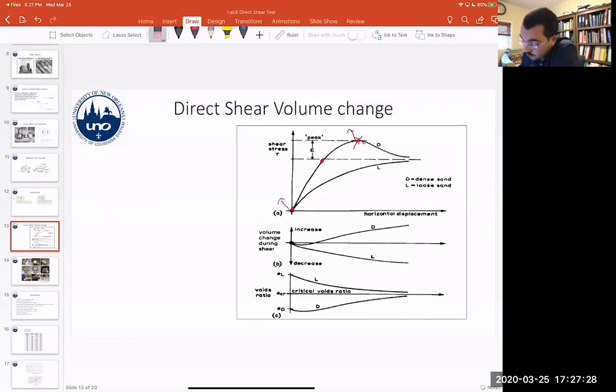So once you overcome it, then here is what is known as the residual strength or long-term strength.